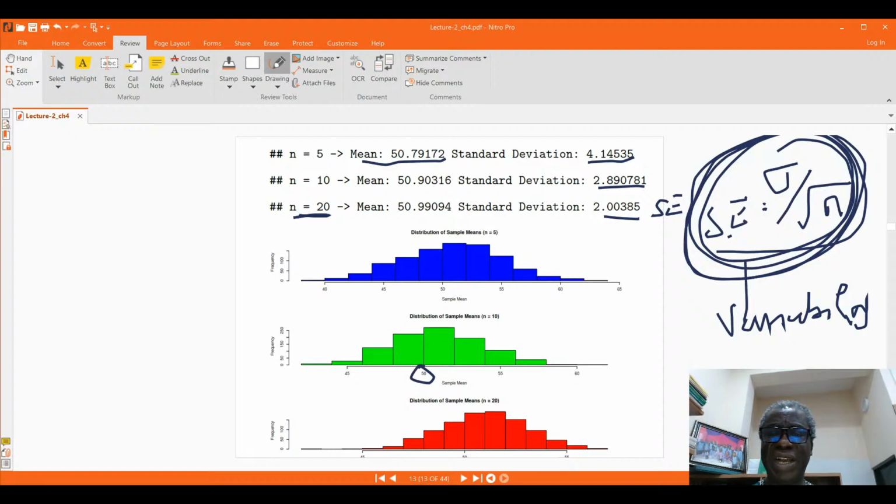And you can easily see when the sample size is 5, the shape and where the center is located.